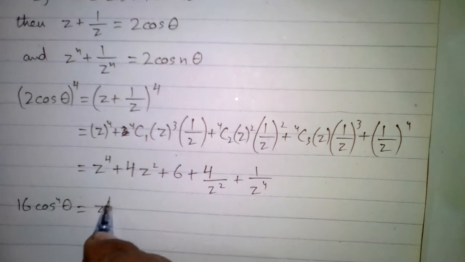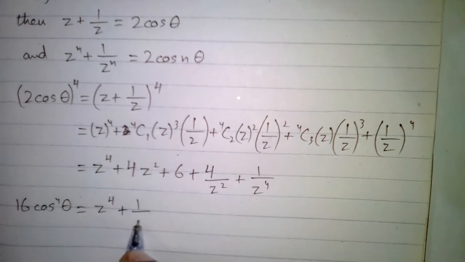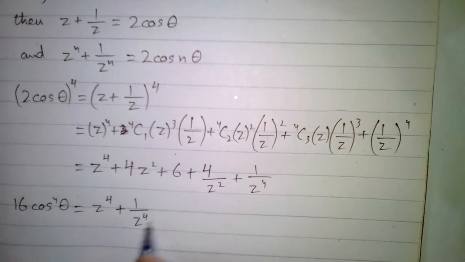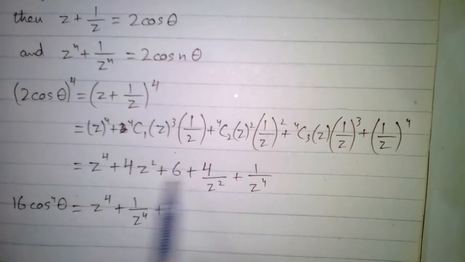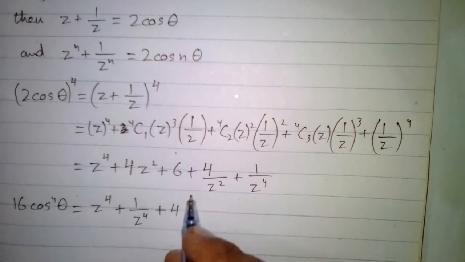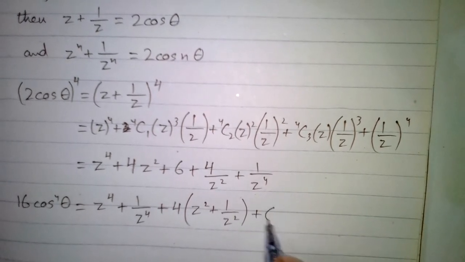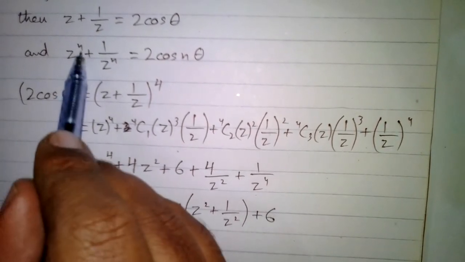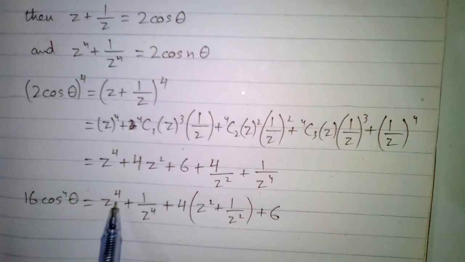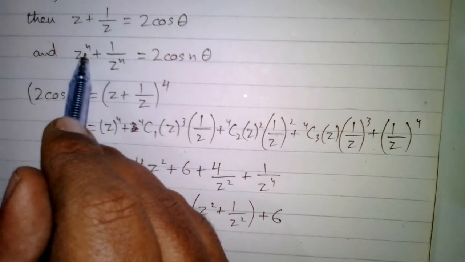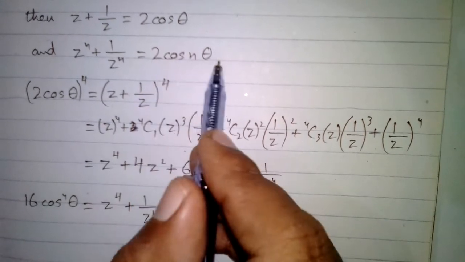Now this will be equal to z^4, and we can rearrange this expression. So we have 1 upon z^4, then plus, now we can take 4 common from these two terms, so we have 4 times (z^2 plus 1 upon z^2) and then plus 6. Now we know that z^n plus 1 upon z^n is equal to 2 cos n theta. So if we put 4 in place of n, we have z^4 plus 1 upon z^4 is equal to 2 cos 4 theta.